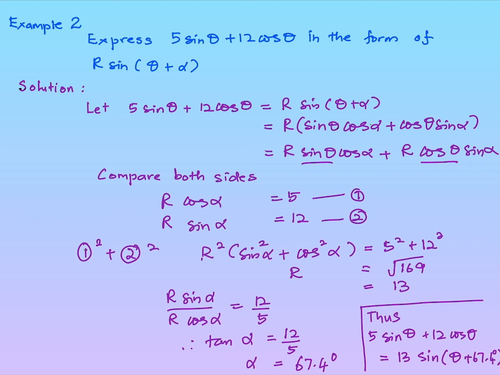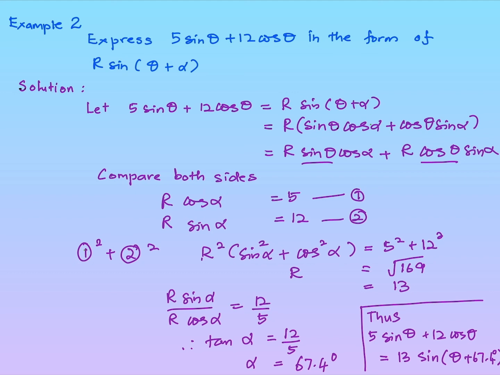Okay, the next step is to compare both sides. The first one we compare is the coefficient of sin theta. On the left hand side we have 5, and the coefficient of this sin theta on the right hand side is r cos alpha.